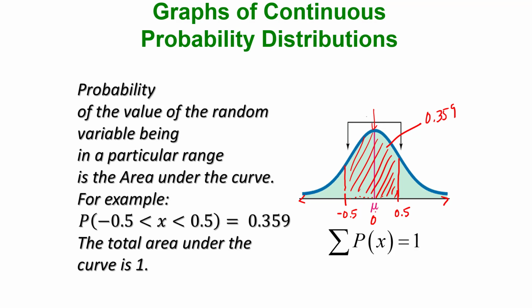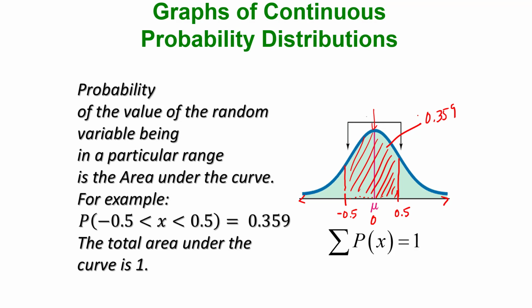What I'm saying is we can't list each individual value because we have an infinite number of them. So the way we deal with it is we draw a representative graph and we use the areas under the graph to represent the probabilities.